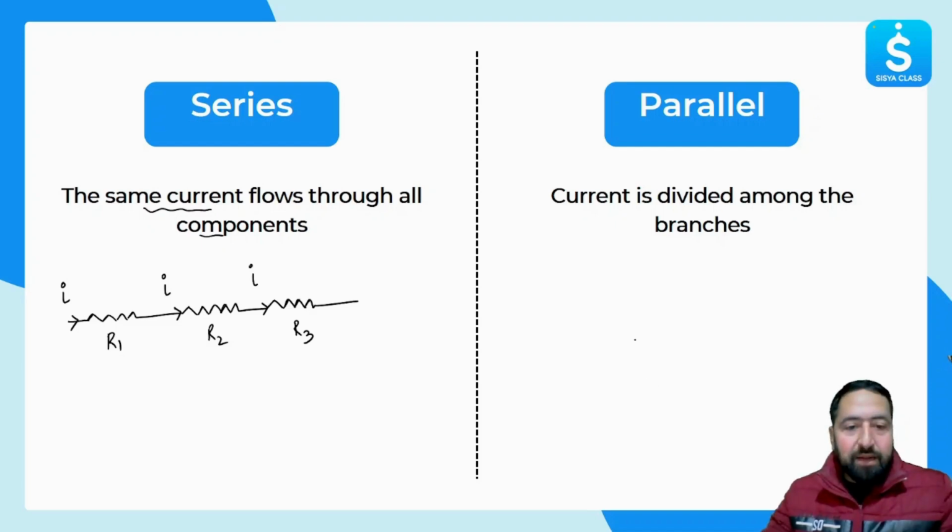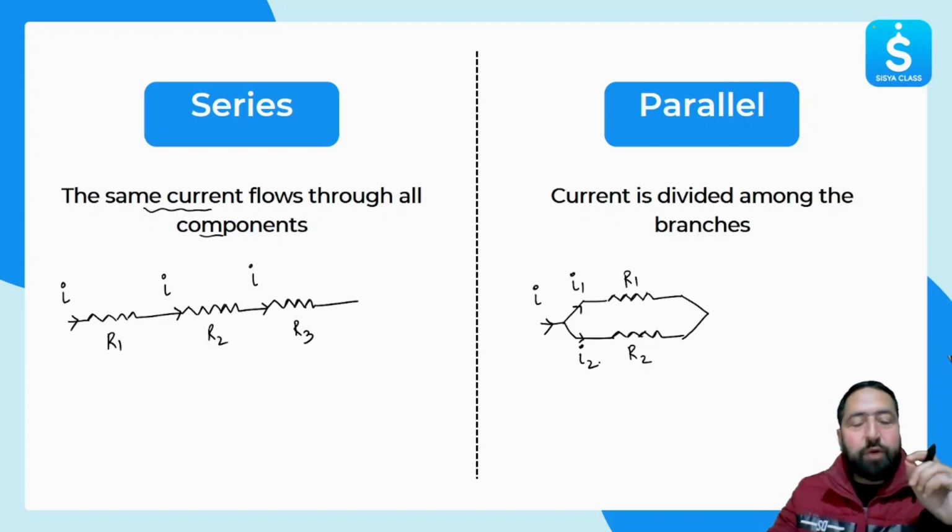What happens in the parallel connection? Current gets divided. If this is R1 and this is R2, current I is coming, so it will get divided into two, I1 and I2.